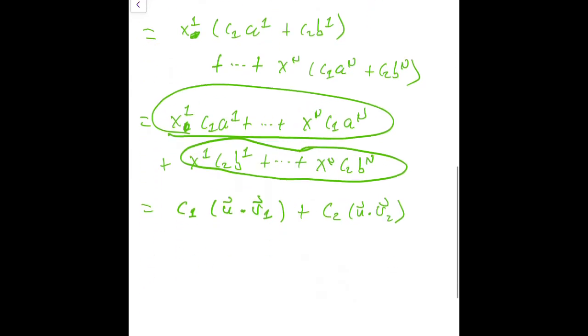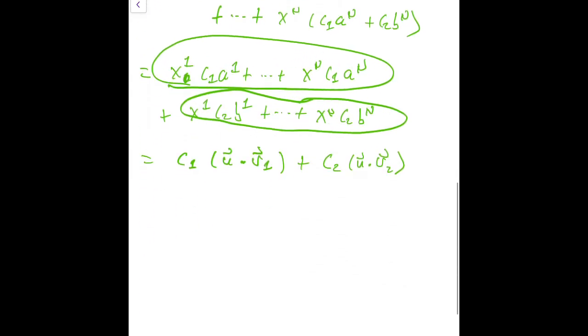Well, what is that? This is just C1 L(V1) plus C2 L(V2). Okay, so this proves that L applied to C1 V1 plus C2 V2 is equal to C1 times L applied to V1 plus C2 times L applied to V2.